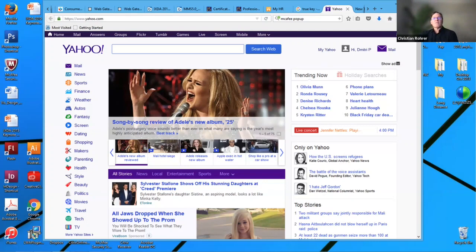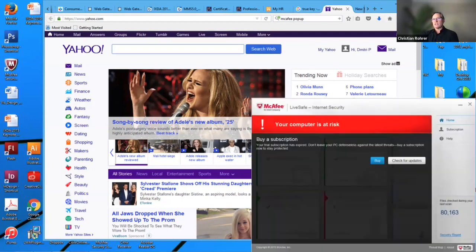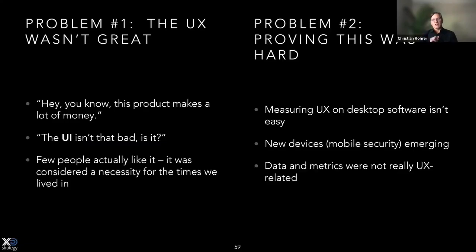Okay, so going back to a time when I wasn't at Yahoo. This is when I was at McAfee, and this was our flagship product, where a user would find this, I wouldn't say beautiful, pop-up that would show up and ask people to subscribe. The question kept coming up: is this a good user experience? I would say that is not a good user experience.